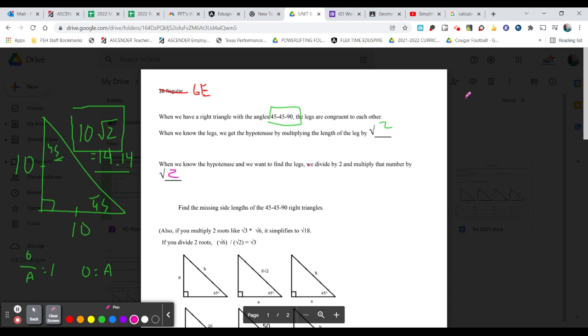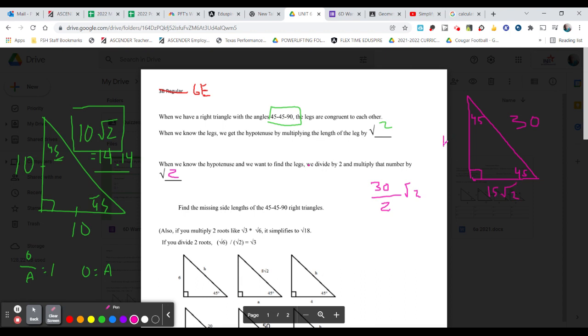So if we have a hypotenuse of, let's say, 30, and the angles are 45 and 45, to find a leg we do the opposite: divide by 2 and then multiply by the square root of 2. So it's going to end up being 15 times the square root of 2.